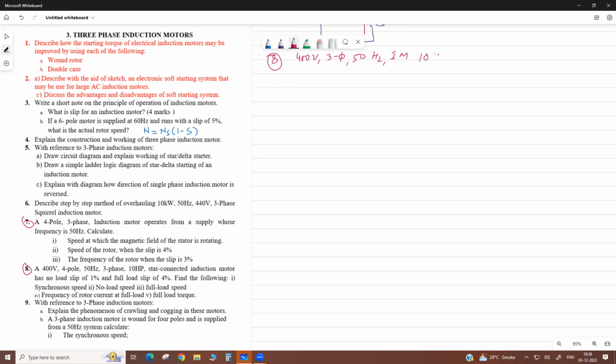Induction motor, 3-phase, 10 HP, star connected.